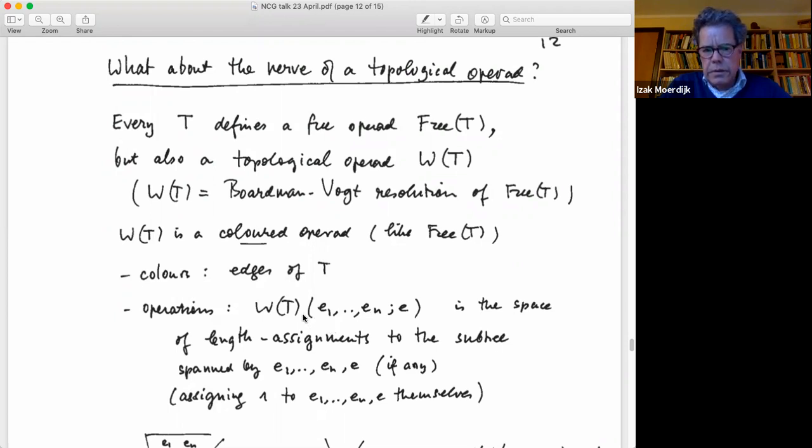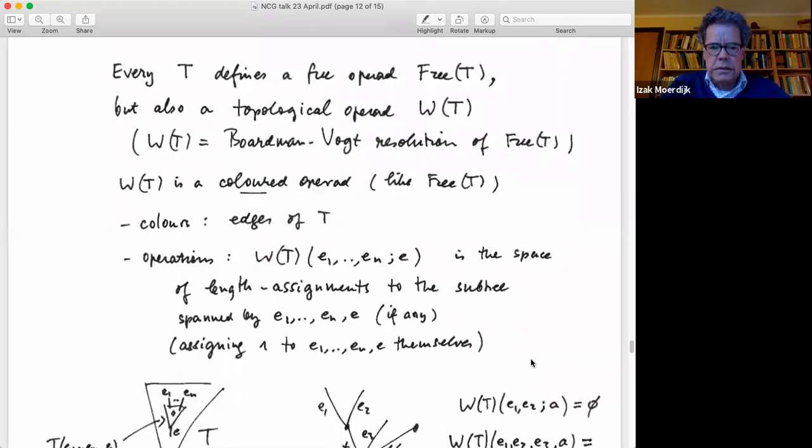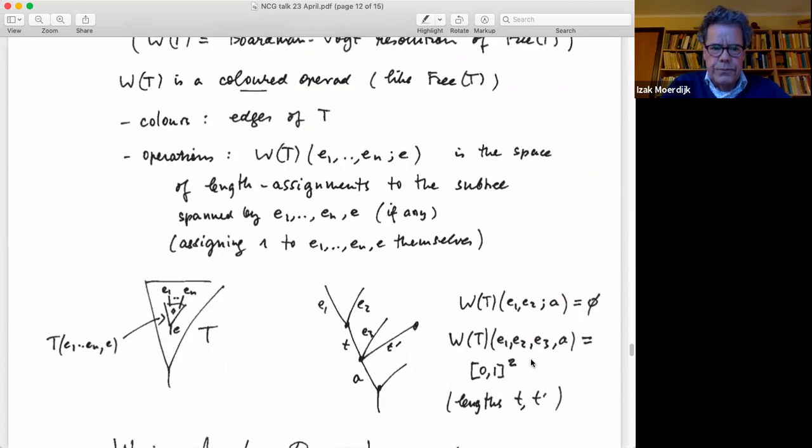And W of T of E1 up to En, E: most of the choices for these edges will be empty. It is non-empty if there is a subtree of T with leaves E1 up to En and root E. And in that case, it will be a cube. And that is in the following picture.